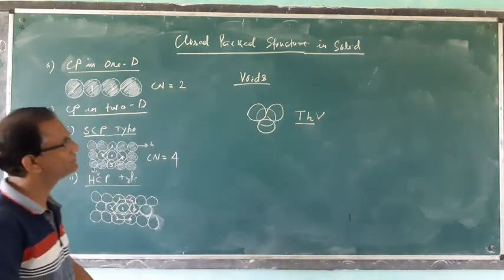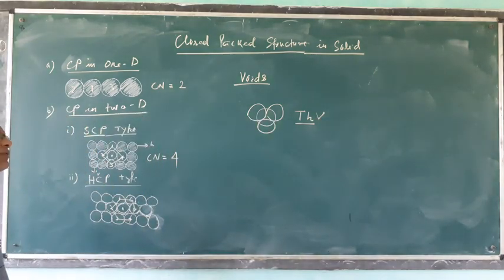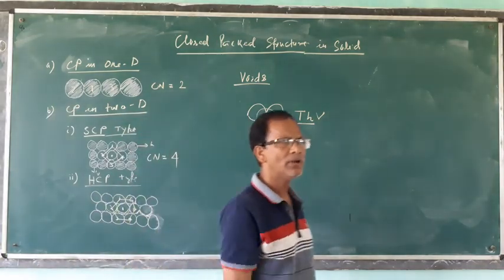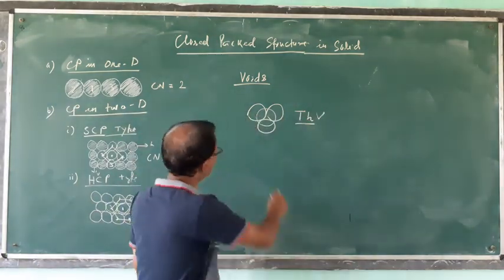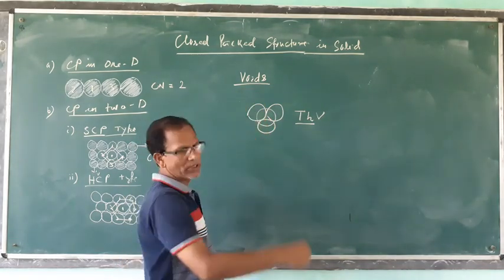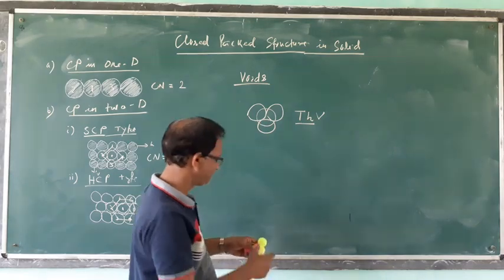Tetrahedral void means the void produced between four spheres, if you place the fourth sphere over the three spheres.